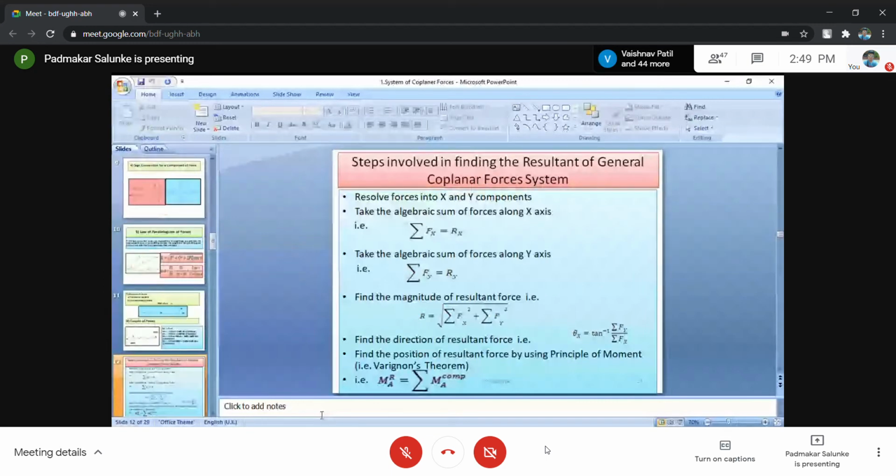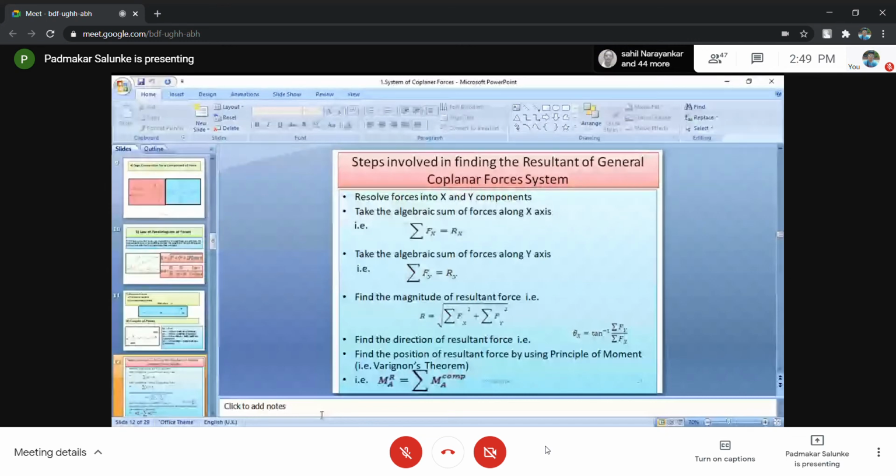So, tangent of theta equals opposite side divided by adjacent side. Opposite side is nothing but Fy, or summation of Fy. Adjacent side is nothing but Fx, or summation of Fx. So theta equals tan inverse summation of Fy divided by summation of Fx. That is called the direction.